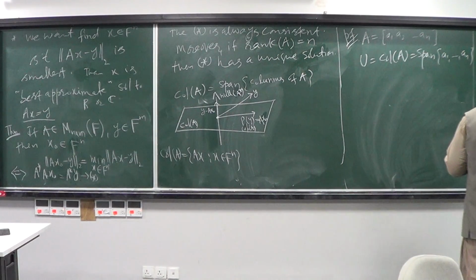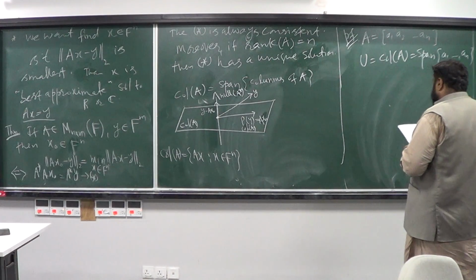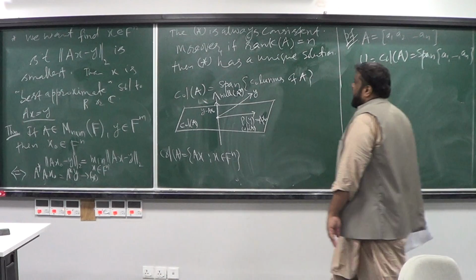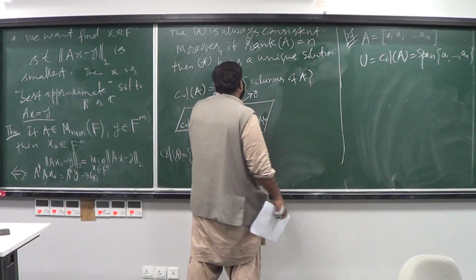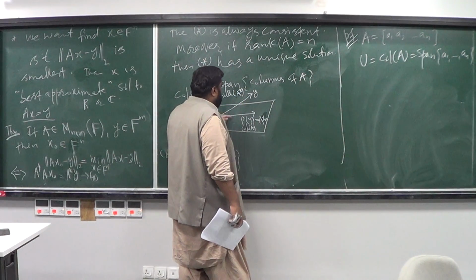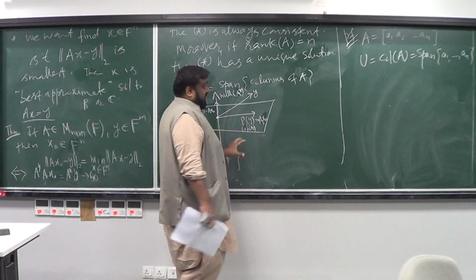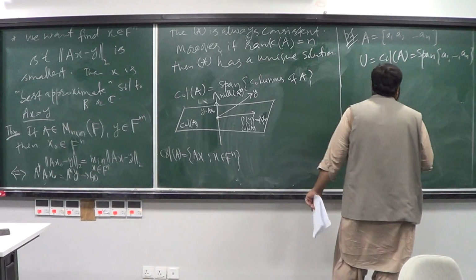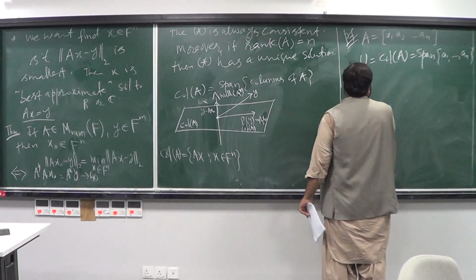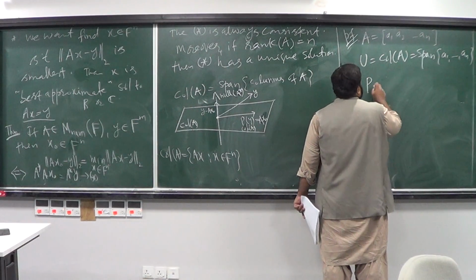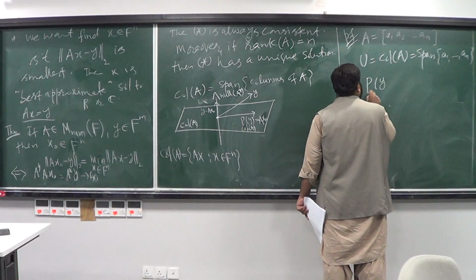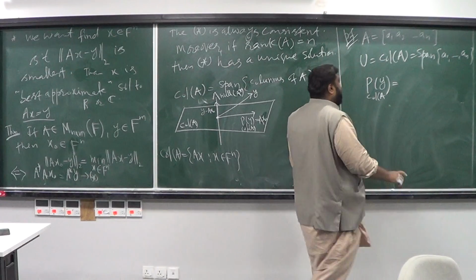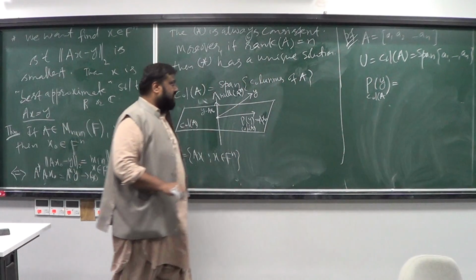We need to find the orthogonal projection of y onto the column space of A, and that will be the best approximation.